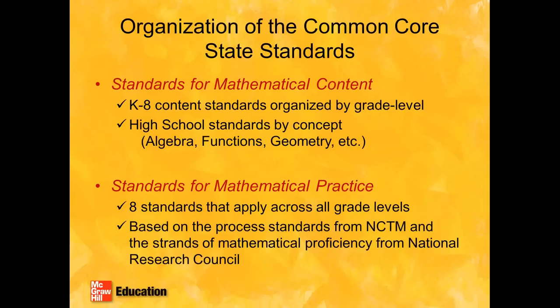These were based on the process standards from NCTM and include the strands of mathematical proficiency from the National Research Council. The mathematical practice standards are intended to be interwoven with the content standards. If the content standards are the what of the curriculum, then the mathematical process standards are the how and the why. This series of workshops will focus on the standards for mathematical practice, especially as they apply to the K-8 classroom.